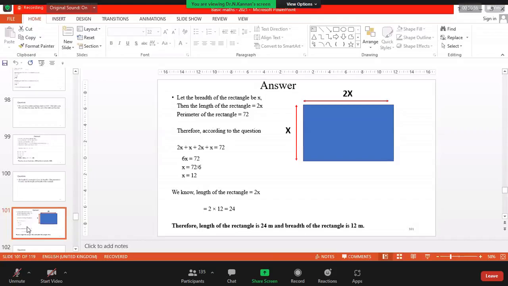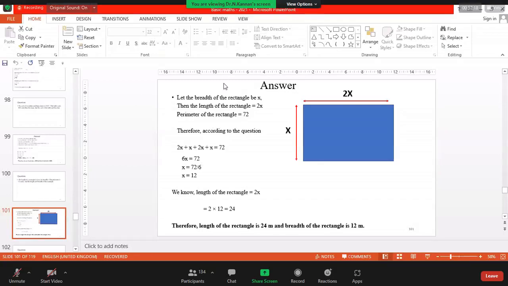And then 6x is equal to 72 centimeters. After that, we can find x is 12 centimeters. So the length is twice the breadth. So we can say length is 24 centimeters and breadth is 12 centimeters. Excellent. Okay. Thanks a lot.